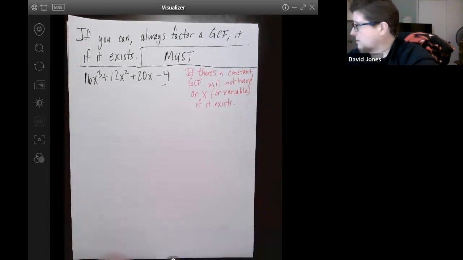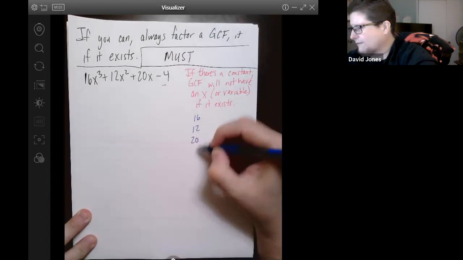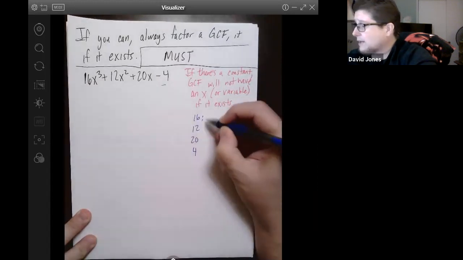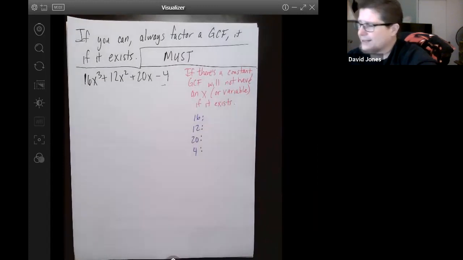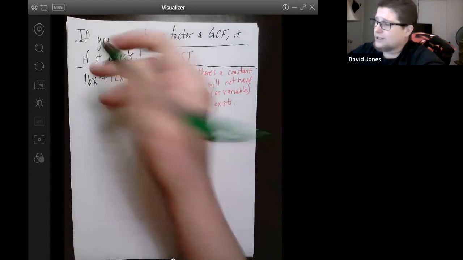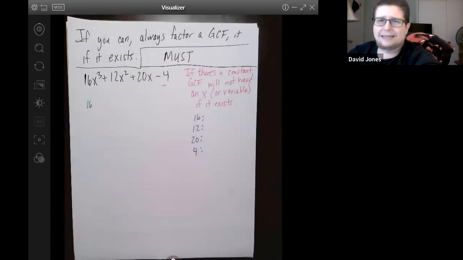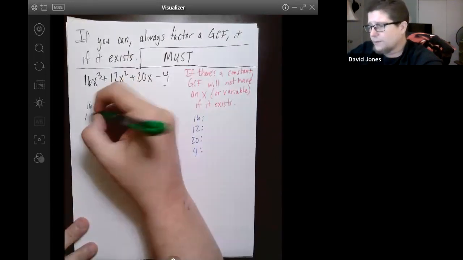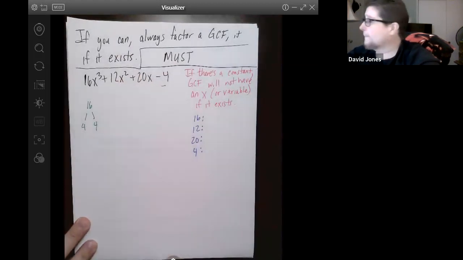So we're going to look for the GCF. Let's factor the numbers. We got 16, 12, 20, and 4. Now, I didn't do them earlier, but you might like this. Make a little tree. These are called factorization trees. Let's start with 16. Pick two numbers that multiply to make 16. 4 times 4 works. I'm going to make little leaves coming off this tree.